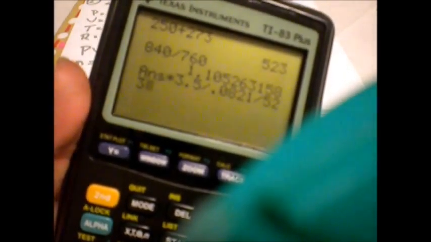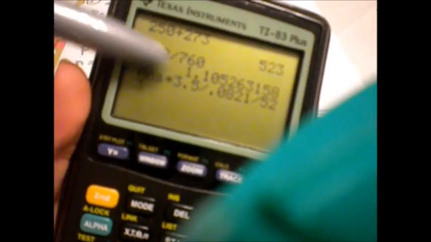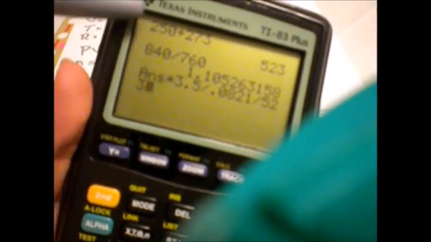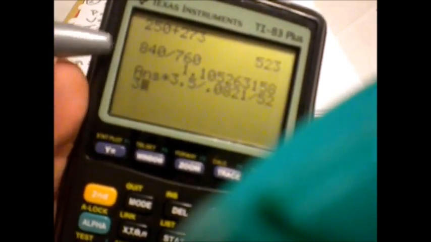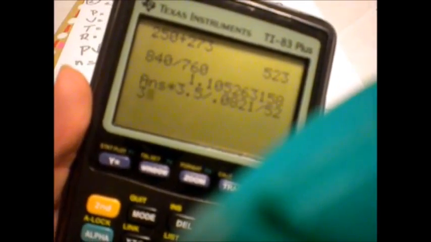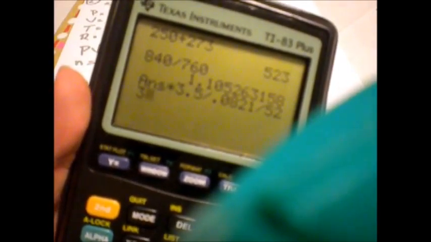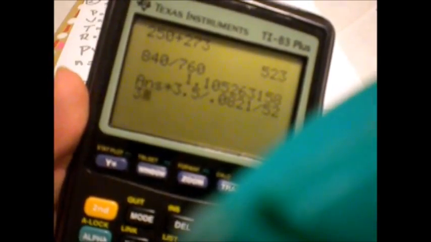If you see here in my calculator, I used our 1.11 number times 3.5, and instead of putting parentheses because I'm lazy, I just divided by 0.0821 and then I divided by 523 because I'm just going off of order of operations. It really doesn't matter which way you do, as long as if you're going to put 0.0821 times 523, you have to use parentheses.